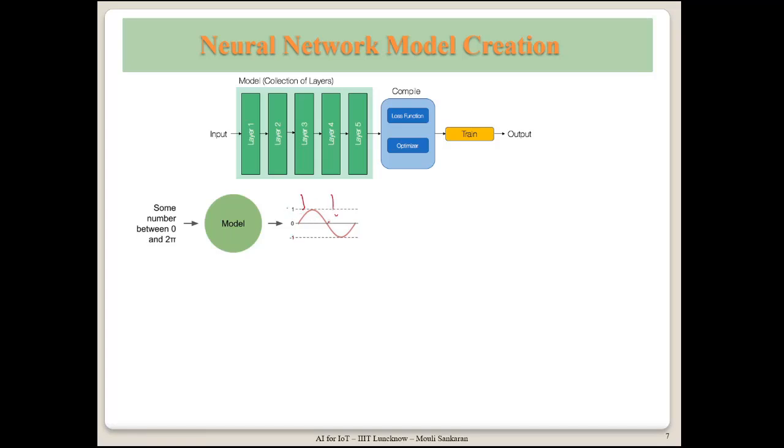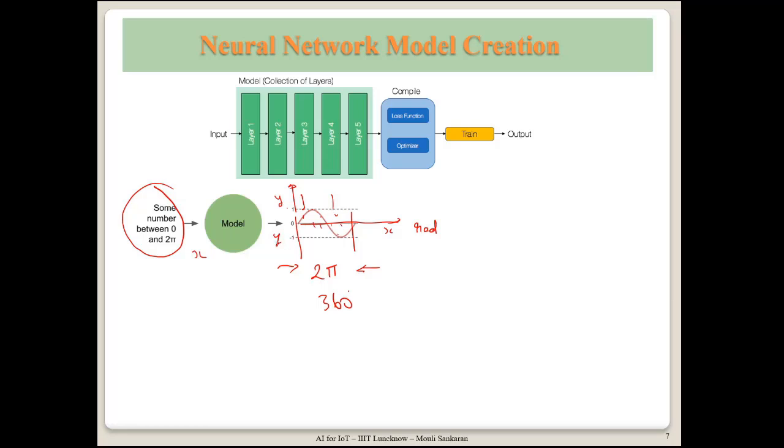What you feed is one cycle, which is given in radians, 2 pi radians, 360 degrees. So this is y, the actual output of the sine wave, and what you give it here is x, which is nothing but radians. So if you give a number between 0 to 2 pi as an input, it gives you y.